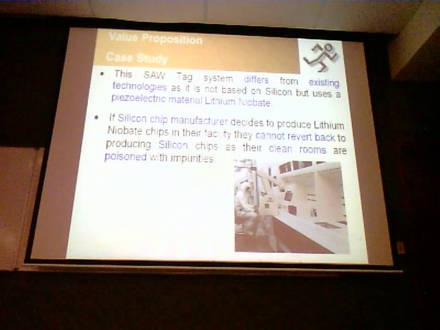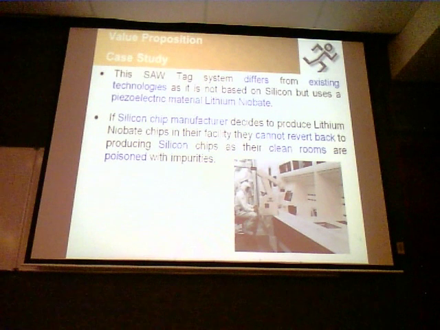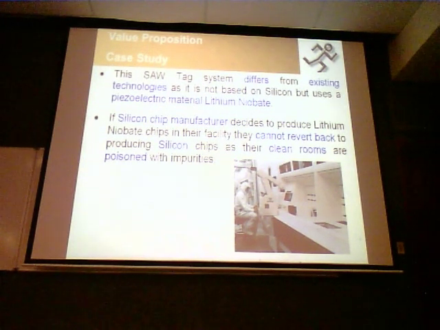And he had a product. His problem was, he had to convince a factory up in Taiwan or in Malaysia to stop making silicon chips and start making lithium niobate chips, which is this piezoelectric material. The real problem is, the PC market was on the downturn, so there was supply available.